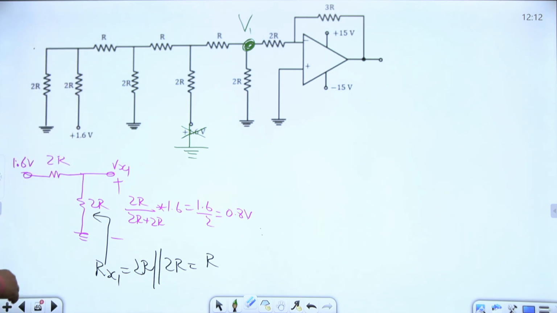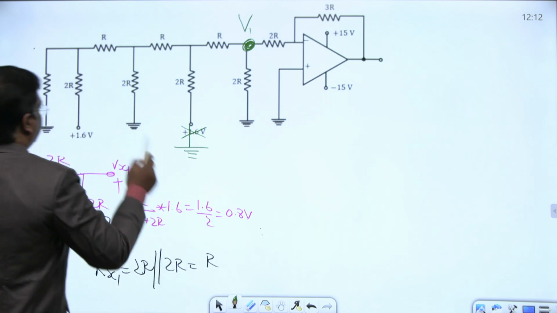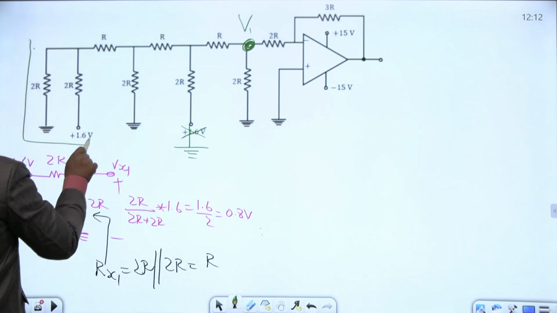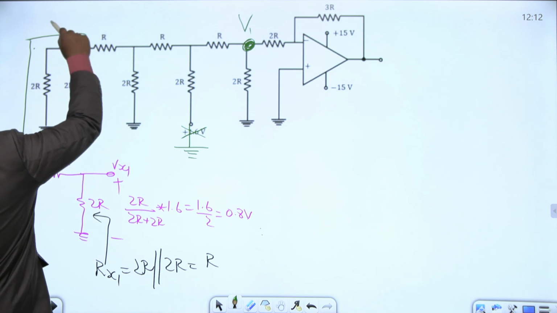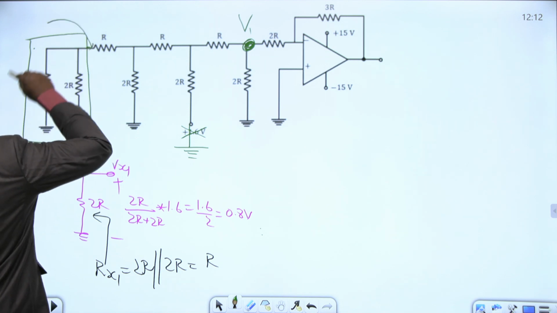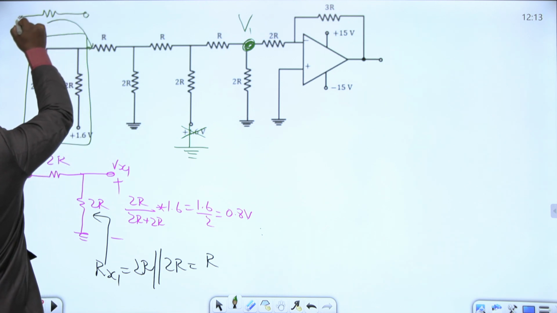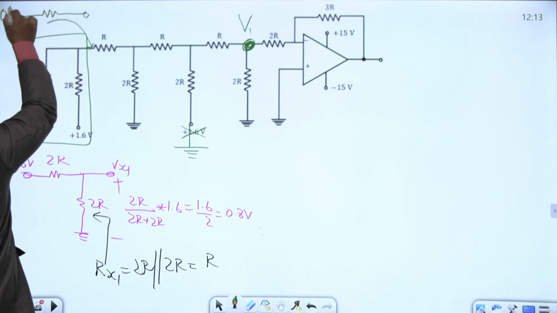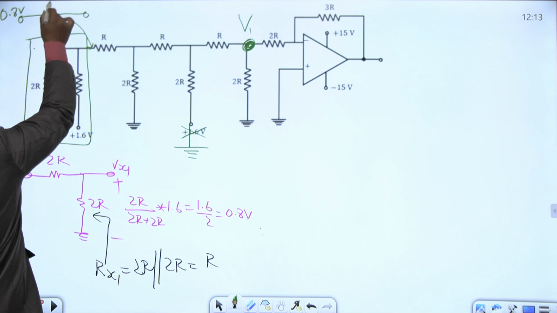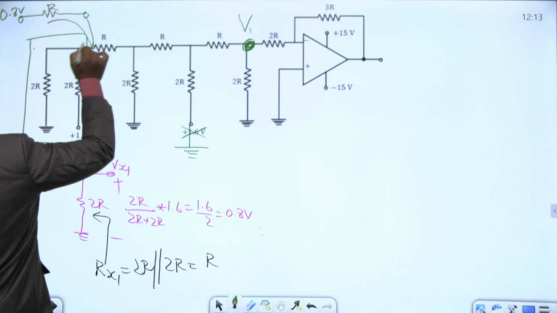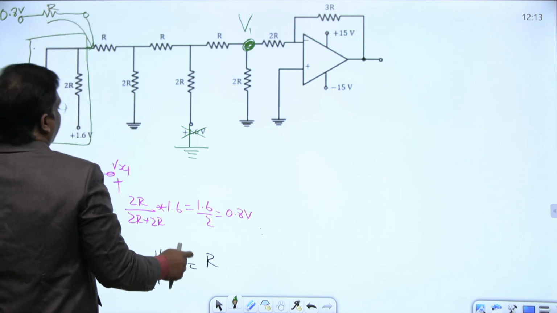Finished, everyone. Notice here, right now this part of the network is not there. And what is the equivalent here? It looks like this: 0.8 volts and this resistance R connected here.